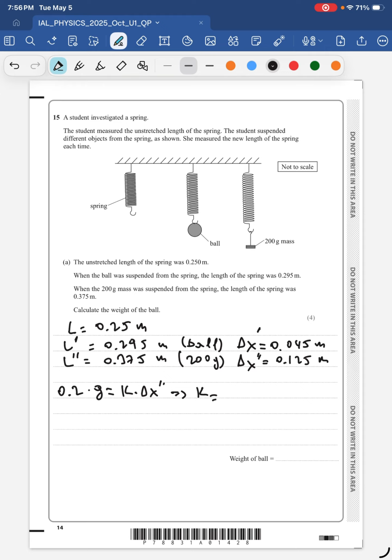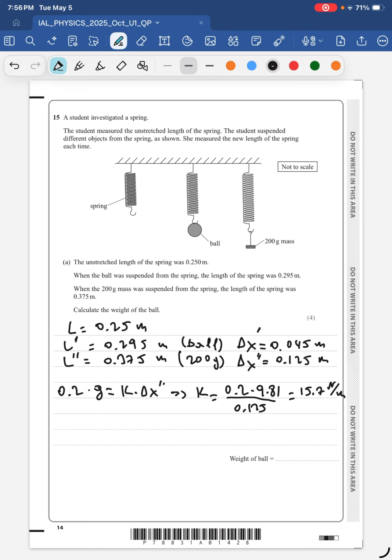Okay, so we need to find k first of all. k is 0.2 times 9.81 over 0.125, so 15.7 newtons per meter.